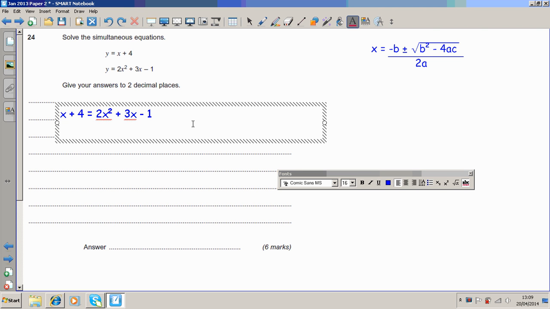Okay, now to solve a quadratic we need to have one side equal to 0. So I'm going to try and get rid of this x plus 4. So I'm going to take the x off first. If I take x off of this side, I need to take x off this side as well. So there it is, exactly the same. I'm going to take an x off, so it's going to be 2x.